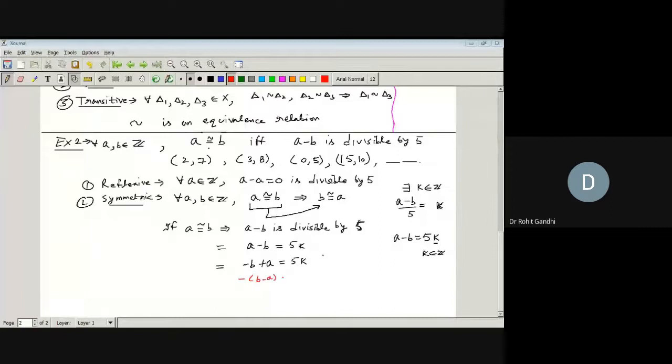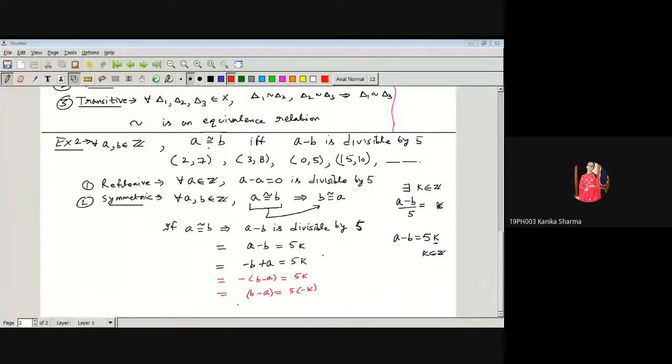This is equal to 5k, and here it will be b minus a is equal to 5 into minus k. Now is it fine, Kanika? Yes. Is it okay? Your voice is dim. That means you are not confident.